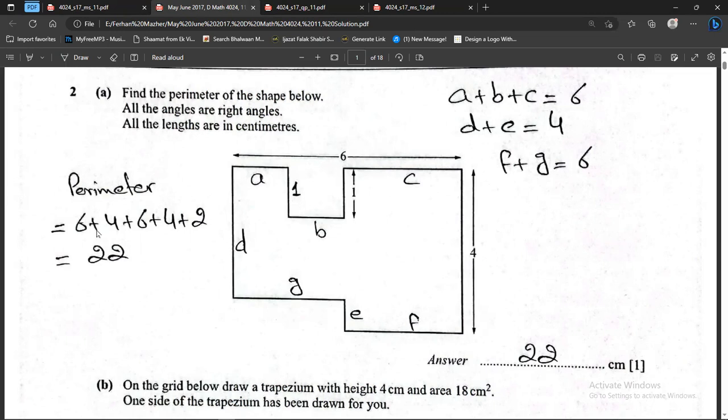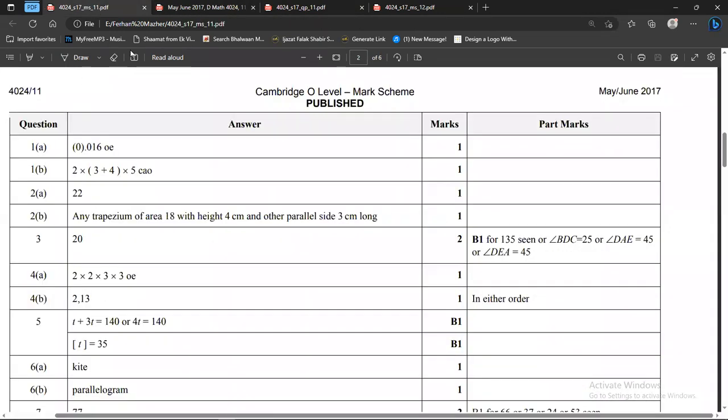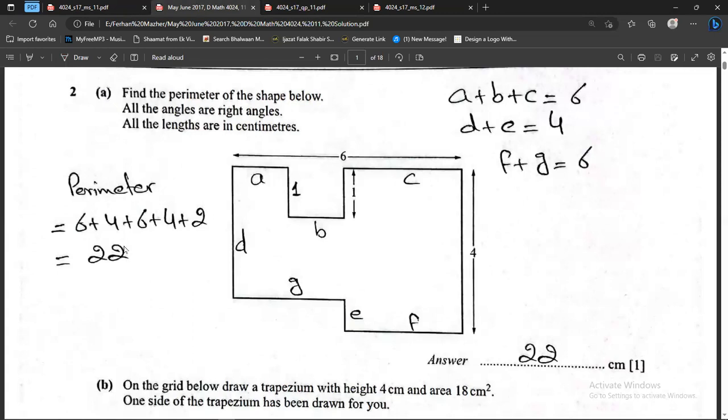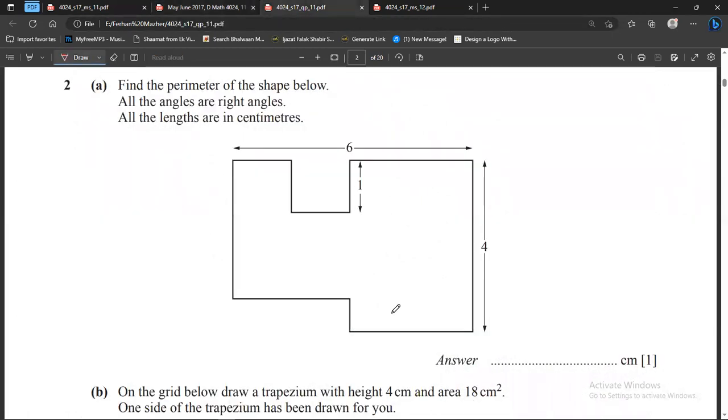So this is 6 plus 4 plus 6 plus 4 plus 2. This 1 and 1 is 2. So 22 centimeter is the perimeter. A very tricky question, its difficulty level is a little higher. 22 centimeter is the right answer, sir.